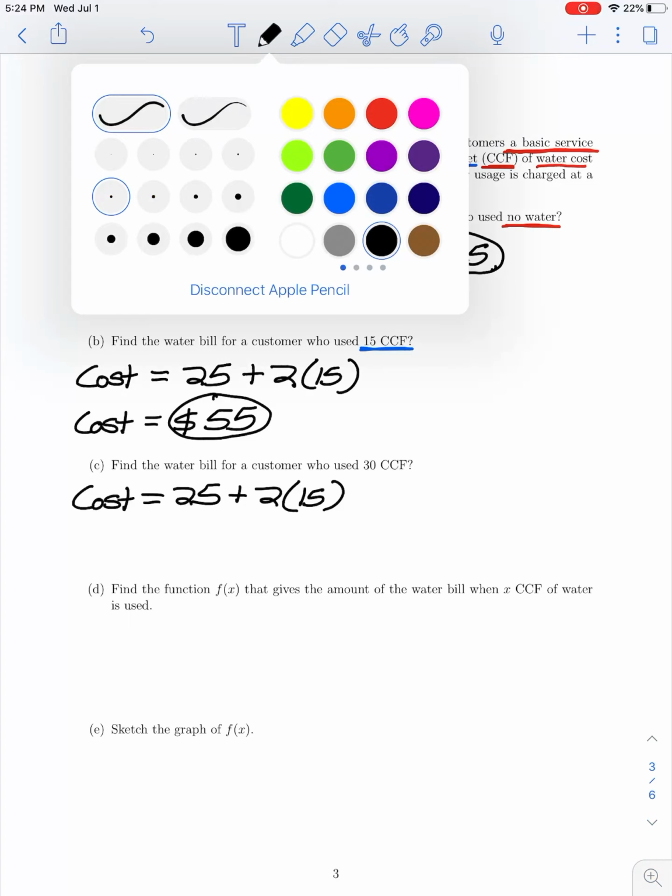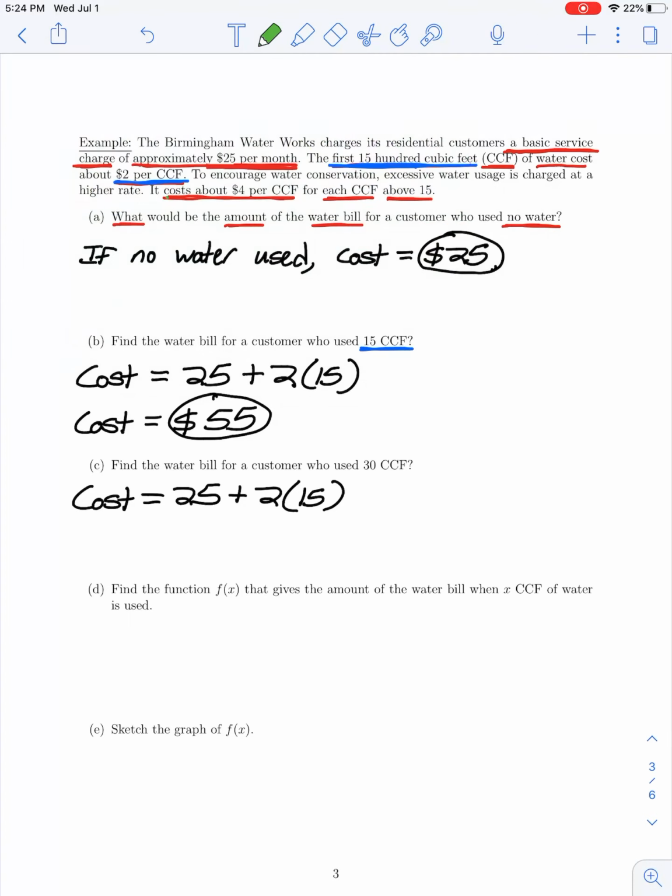And then we were told in the problem statement that the cost is $4 per 100 cubic feet for each 100 cubic feet above the 1,500 cubic feet. So after we exceed that initial 1,500 cubic feet, we have a $4 charge per 100 cubic feet above 15. The amount that we were using here in total was 30.